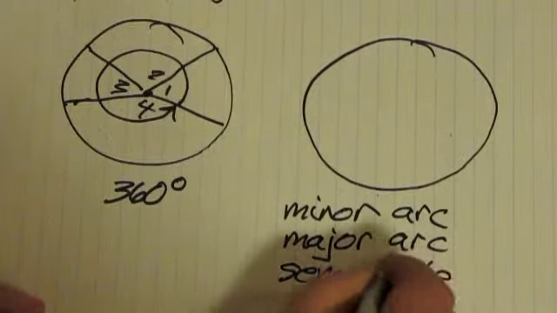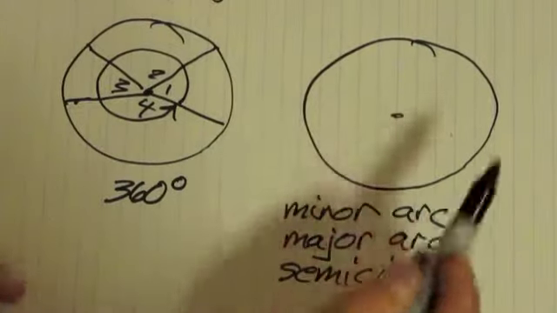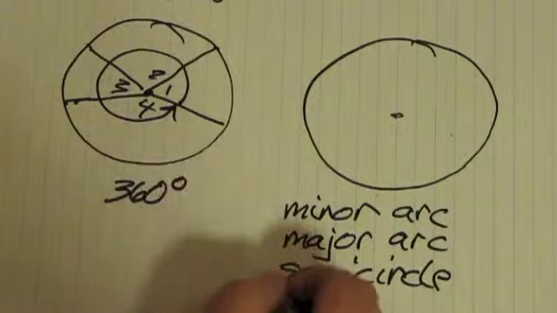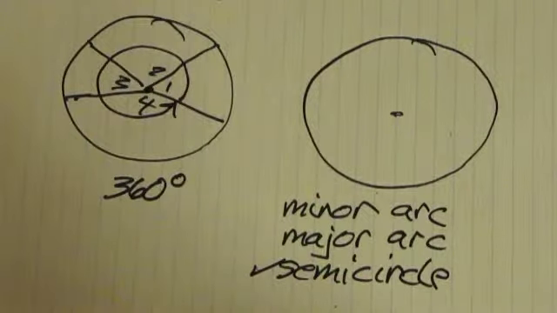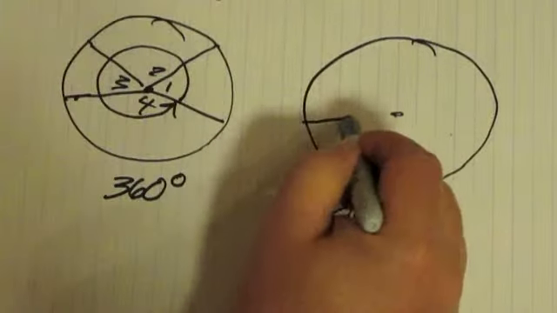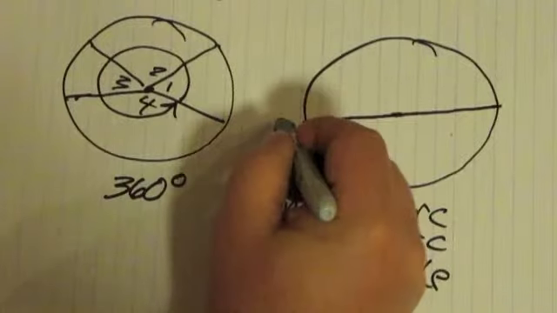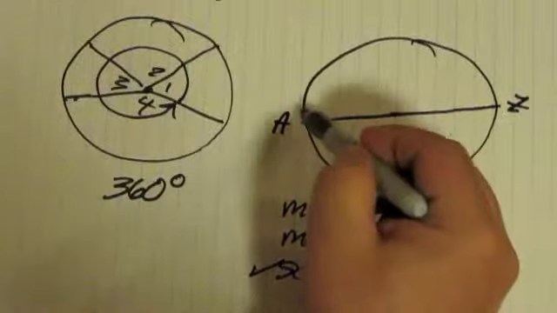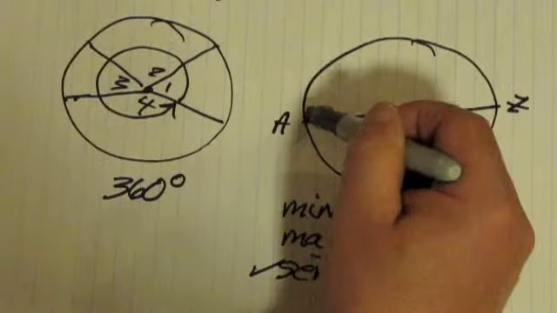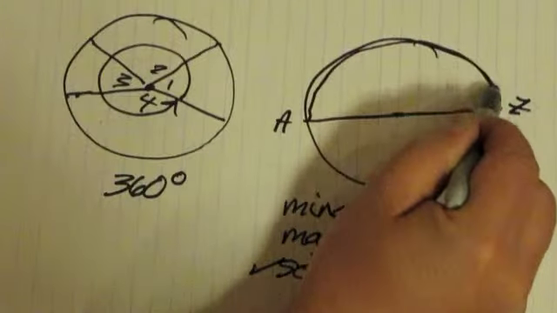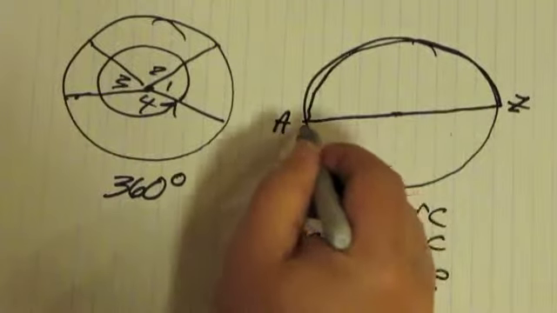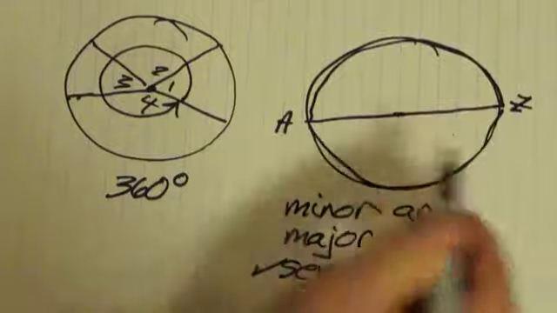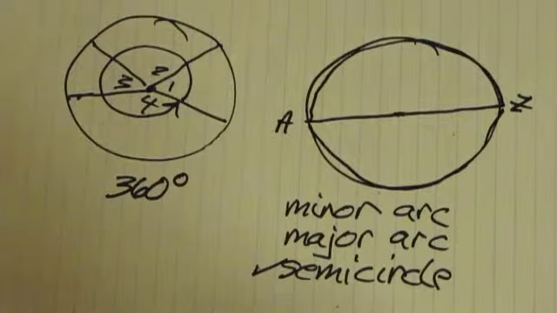Let's start with what I think is the easiest one, the semicircle. A semicircle is an arc, we'll say from A to Z here. Watch how I trace it. It's an arc from A to Z. Essentially, it's the arc that creates half a circle.